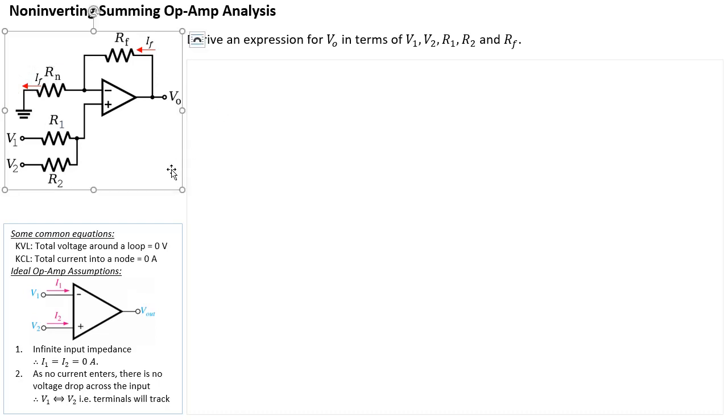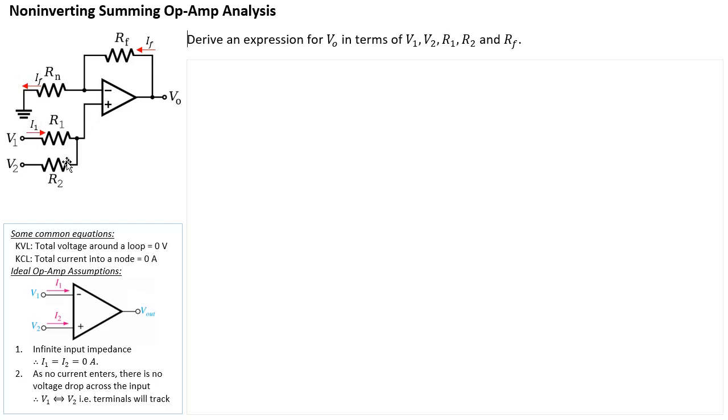Now, in terms of some other currents, if we look on the bottom side here, where we have V1 and V2, again no current will be flowing into the non-inverting terminal. If I define a current I1 that flows through R1 like so, going from left to right, then none of that current will go into the non-inverting terminal.